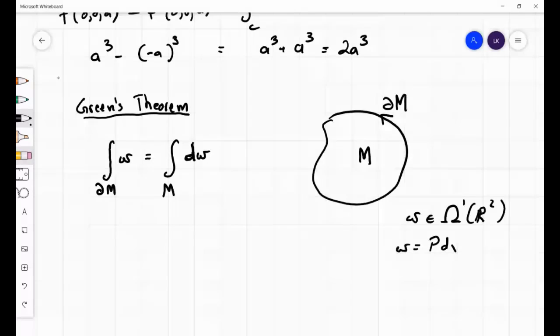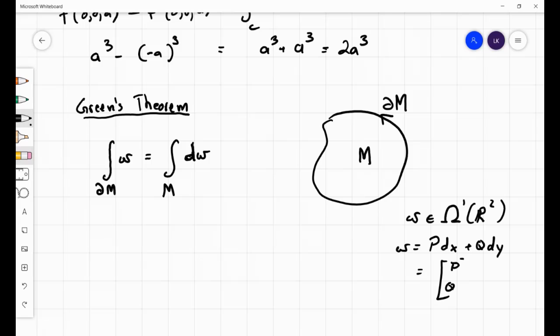It's a p dx plus q dy. So if you'd like, it's some vector field dotted with dr. Okay. So that's going to be the integral over that. And sometimes you see this written like so, right? To remind you that this is a closed curve and it's oriented counterclockwise.